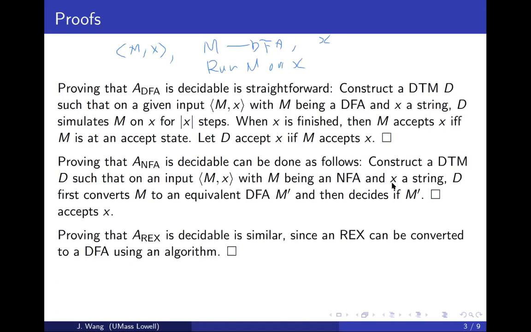In other words, I construct a Turing machine that simulates M on x, because the Turing machine can just run that DFA as a program on this input x.